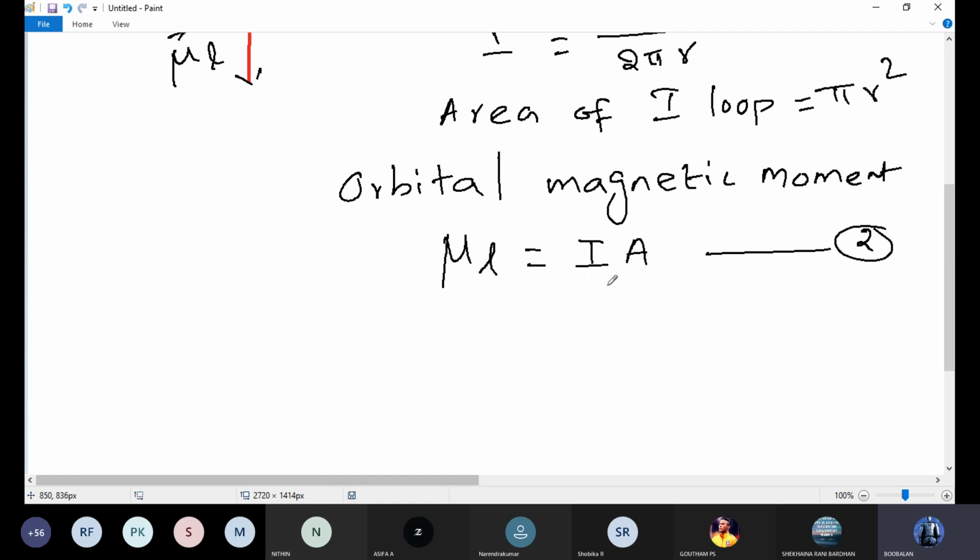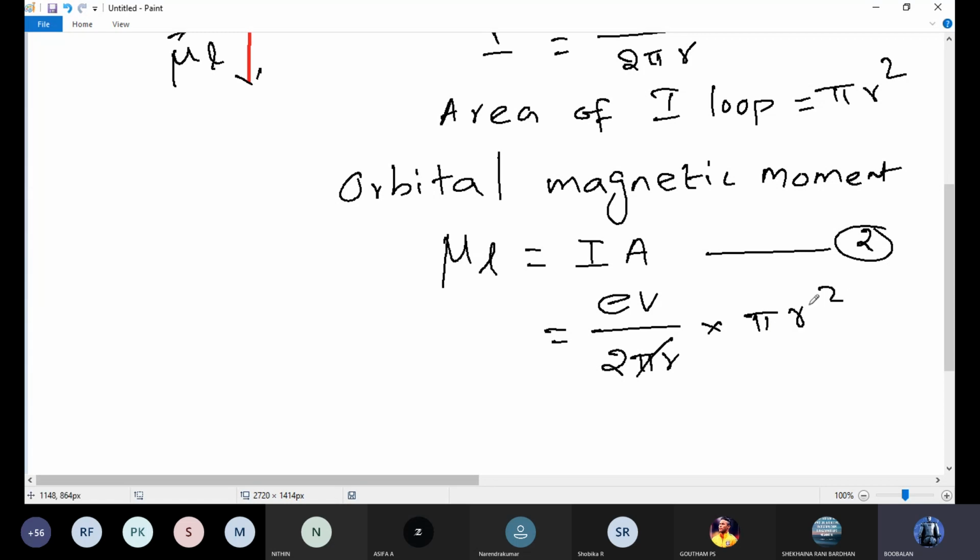So what is I? That is the current, and A is the area. We already know the I value is e v divided by 2 pi r. So just apply the values from equation number 1: e v divided by 2 pi r, times A, the area of the current loop, pi r square.